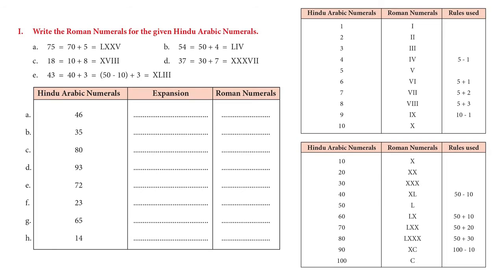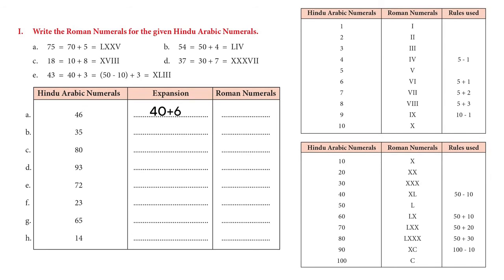Now, again the next one in page number 71 itself, the table. Let's look at it. 46. So, the expanded form is 40 plus 6. How do we write 40? In Roman letters XL, and then 6. So, look at your table back again.